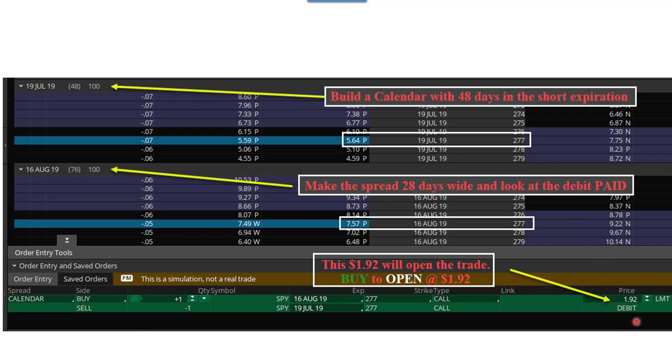So I could buy this trade for $1.92. The difference between these two is 28 days. And in the entire trade, we always want to look at the front expiration to identify how long we can be in this trade. So this is a 48-day calendar with 28-day wide strikes. And I want to keep that in mind when I build my exit trade.